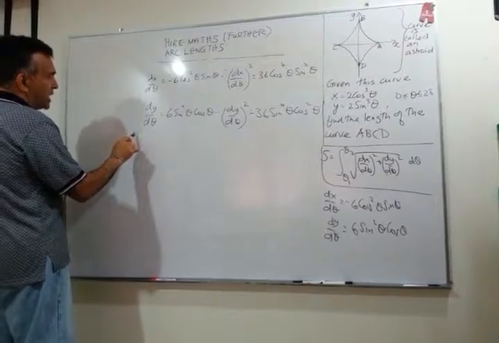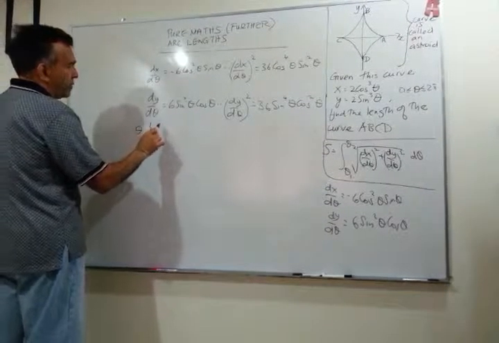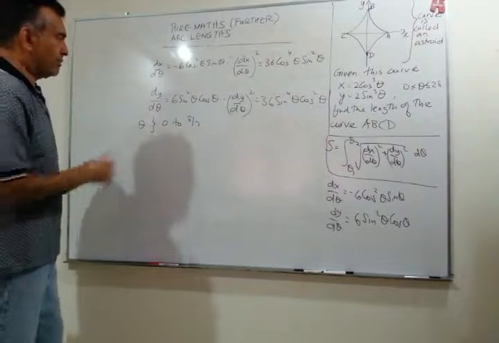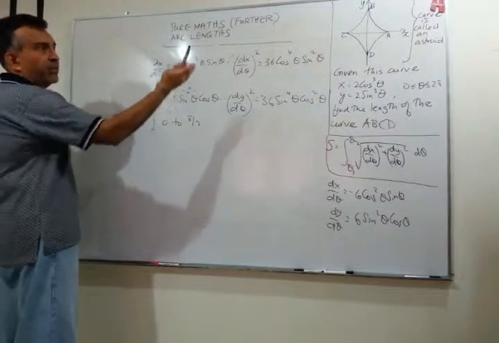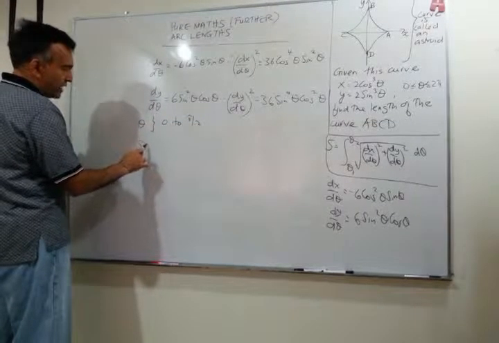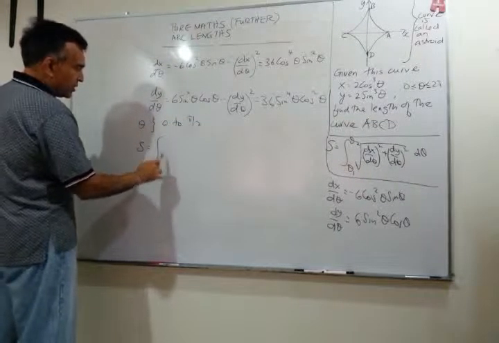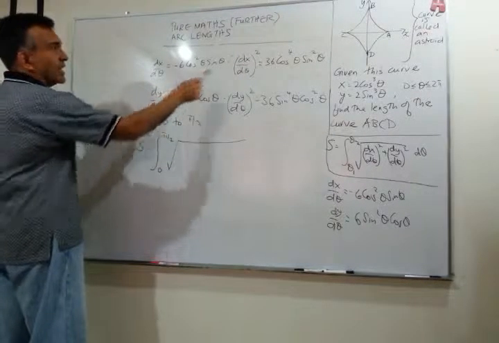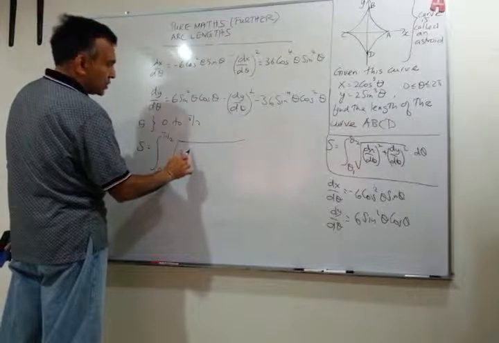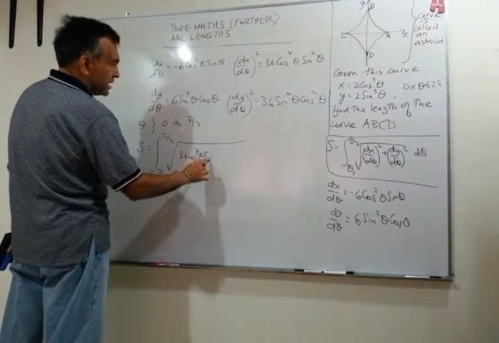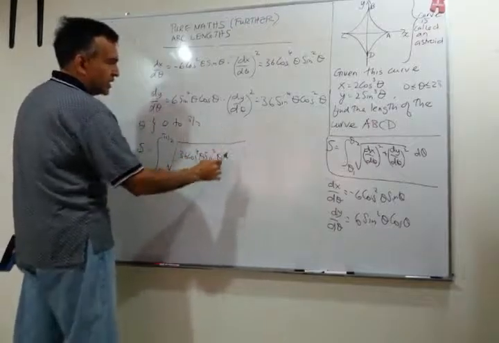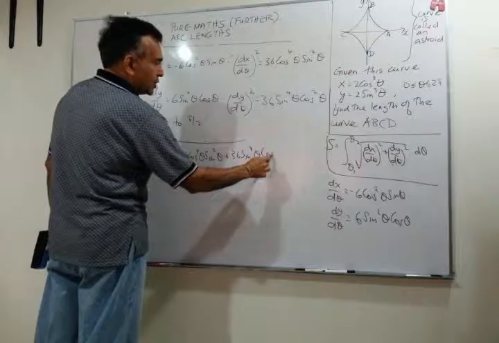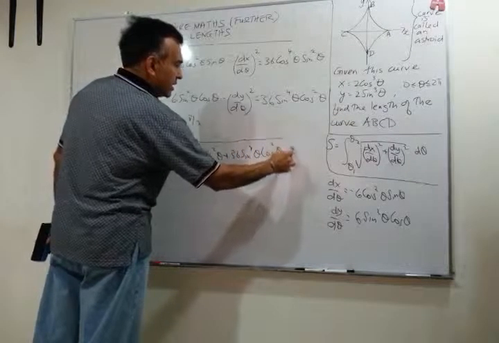We're looking at the values of theta going from 0 to pi over 2, and let's write down our integral: from 0 to pi over 2, the square root of 36 cos to the power of 4 theta sine squared theta plus 36 sine to the power of 4 theta cos squared theta, d theta.